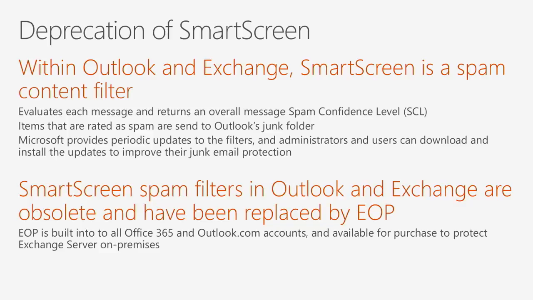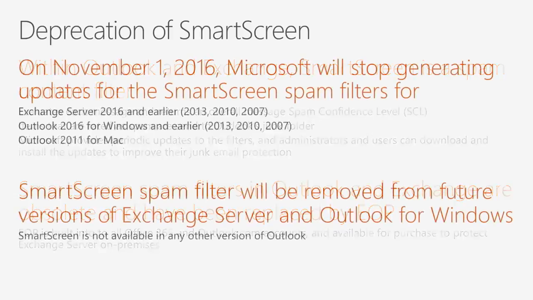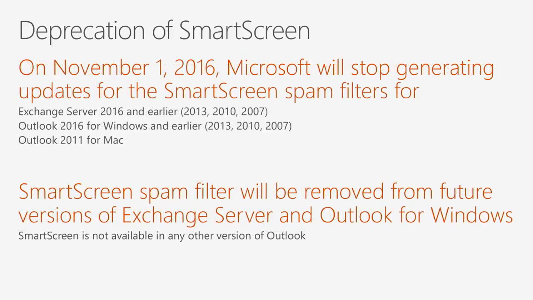And EOP, you don't have to be in the cloud to use it. You can have all on-premises Exchange servers and still use EOP as a cloud filtering service. So effective November 1st, we're going to stop updating the SmartScreen definitions. Exchange will stop receiving them automatically, and Outlook will stop receiving them automatically. Eventually, we will also remove SmartScreen completely from both products.